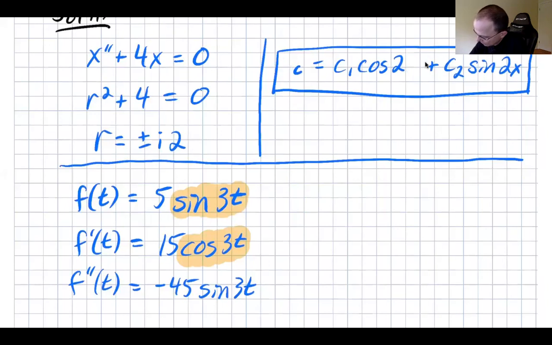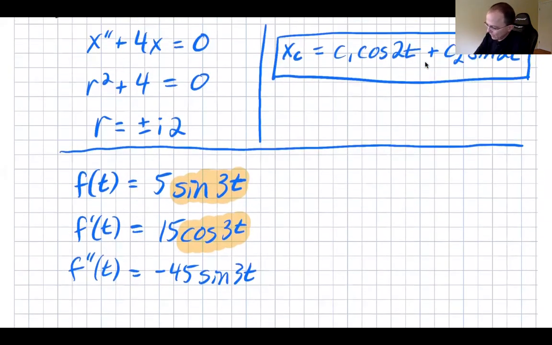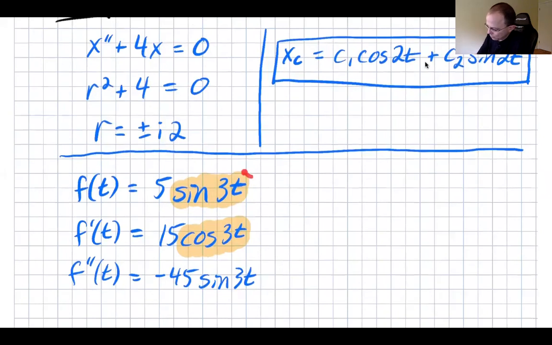We're using x and t here. We see that these are not solutions of the homogeneous equation, so we're good.